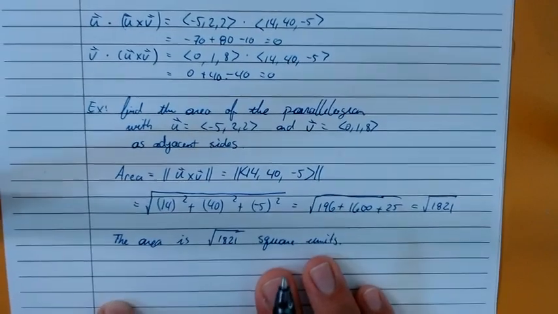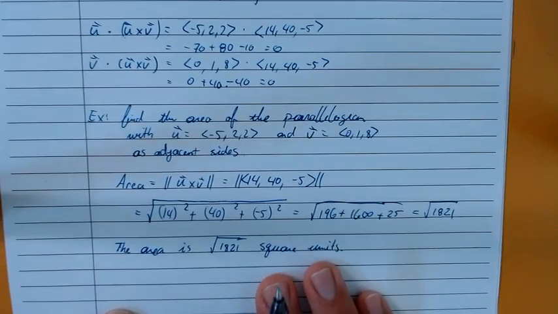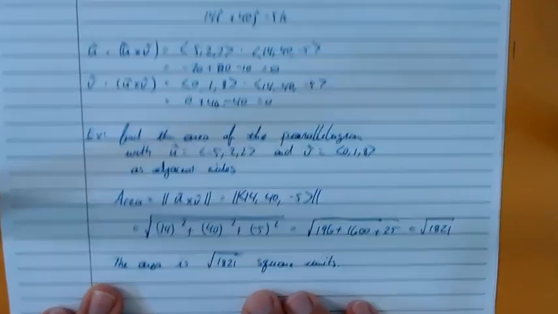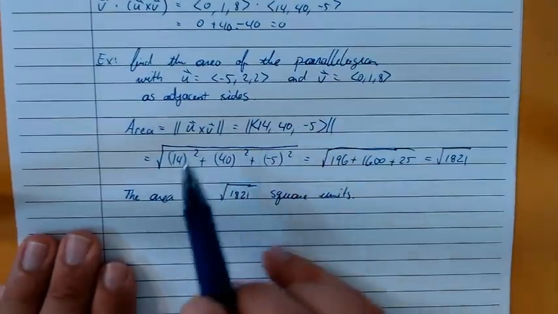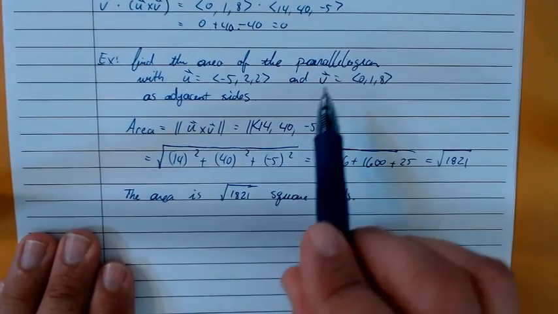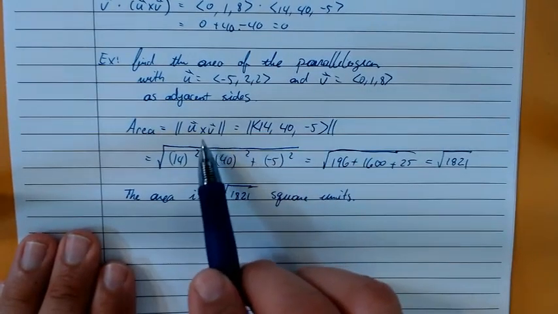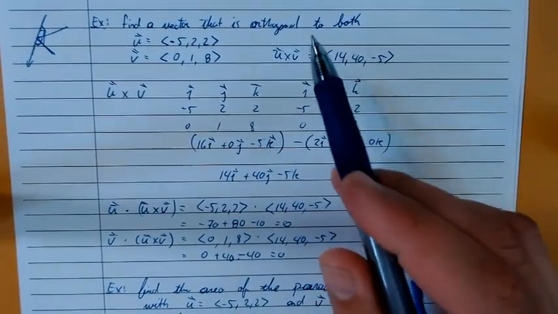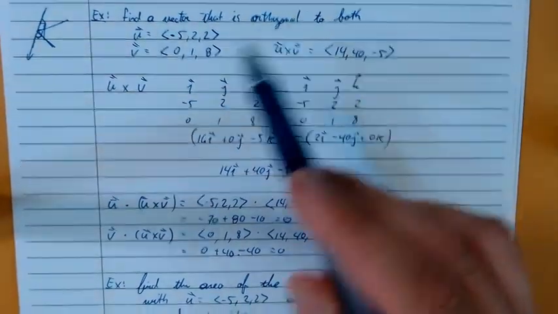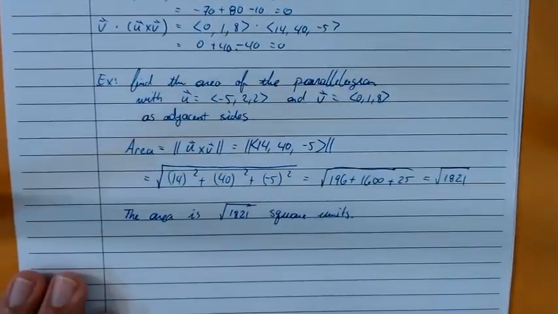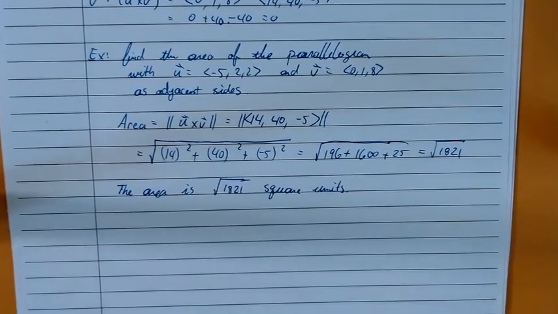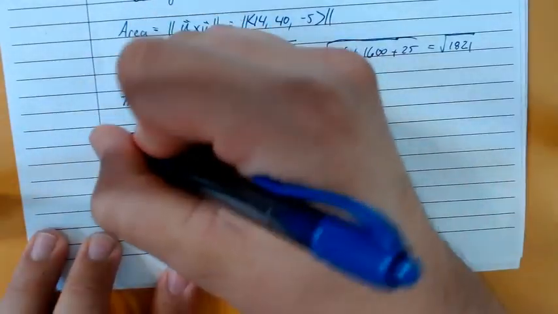The two most important things that we're going to build from to much more advanced things in this course are going to be these two facts: the fact that you can find the area of a parallelogram using the cross product of the two vectors that define its sides, and the fact that you can find a vector that's orthogonal to two other vectors using the cross product. Those two things will develop a lot in the coming sections and the coming chapters. But for now, we have one last theorem.